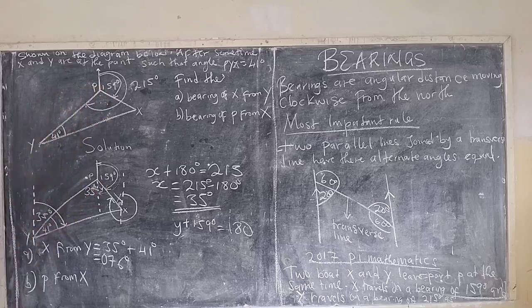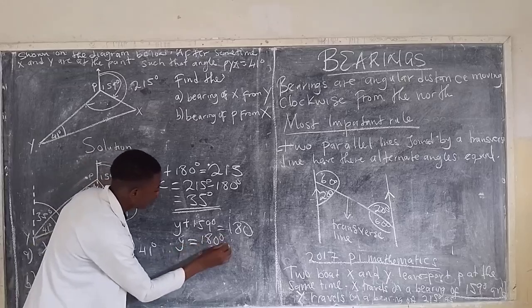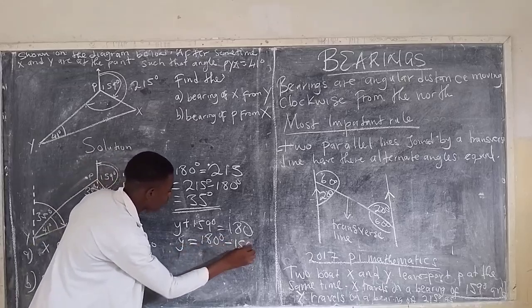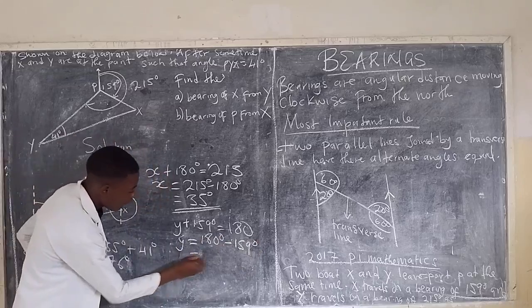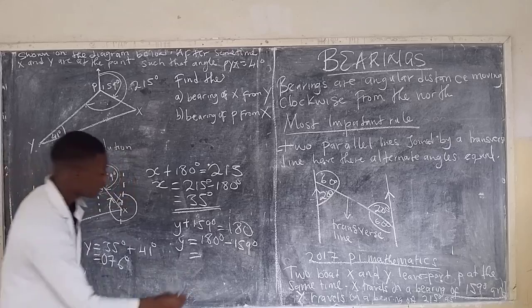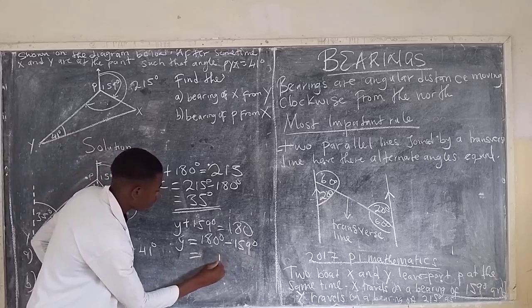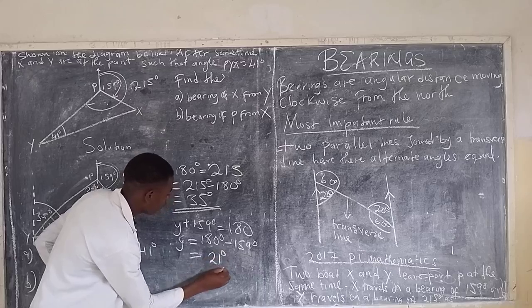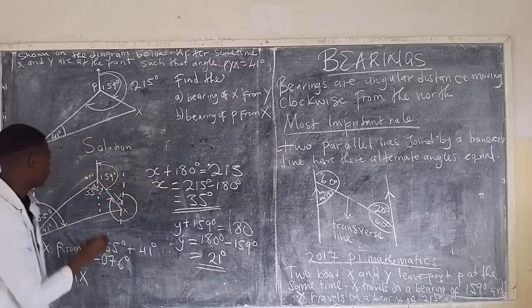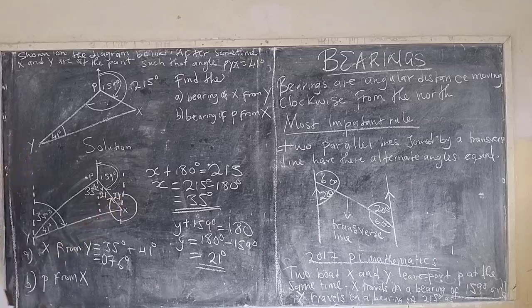It's still okay. So our y should be equal to 180 degrees minus 159 degrees. When we subtract this, we are getting 21 degrees. So if here there is 21, automatically there is going to be 21 here as well.